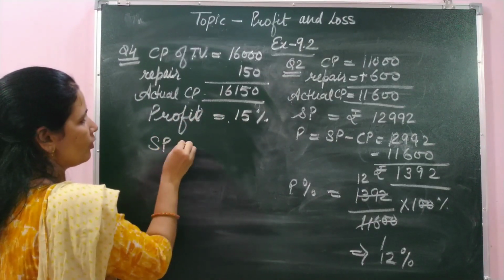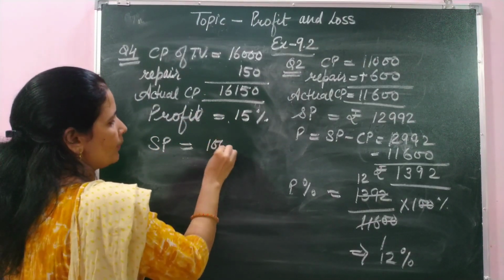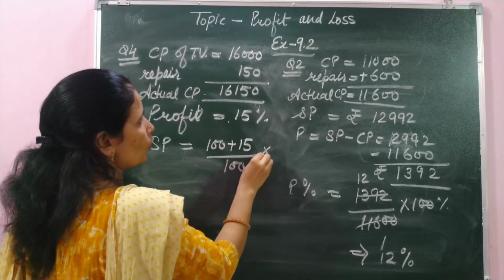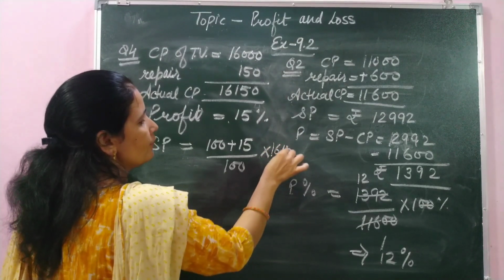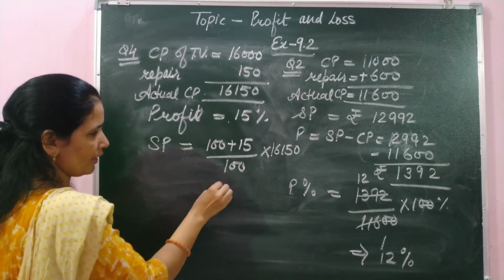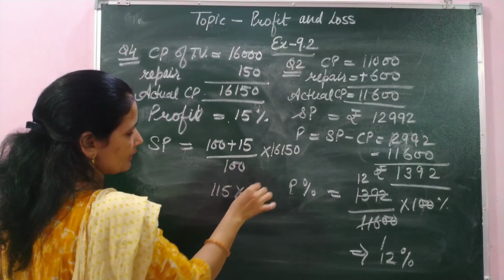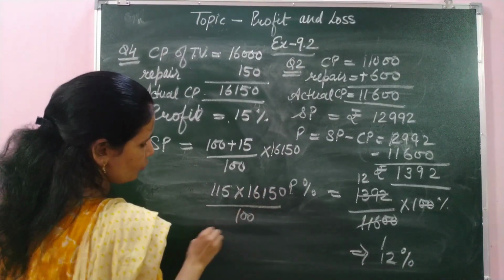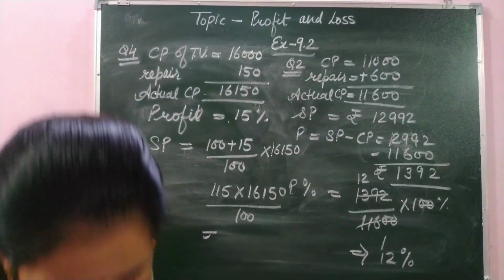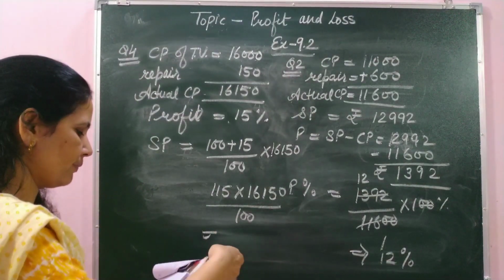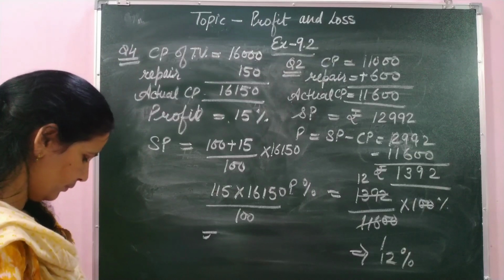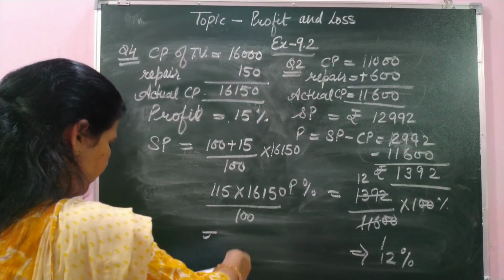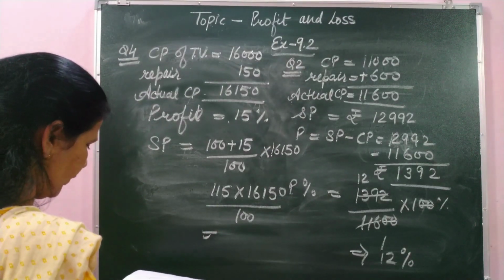So by using the formula, (100 plus profit percentage) divided by 100, multiplied by cost price, that is 115 multiplied by 16,150 and divided by 100. Students, when you solve this question, you will get the answer in rupees.